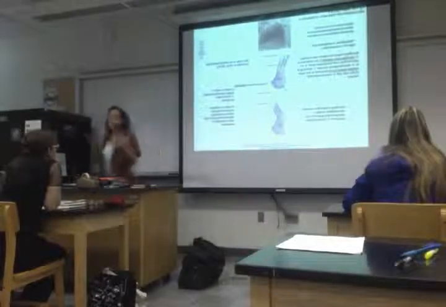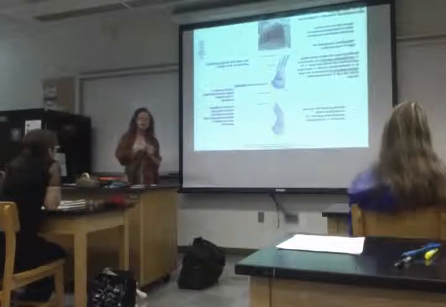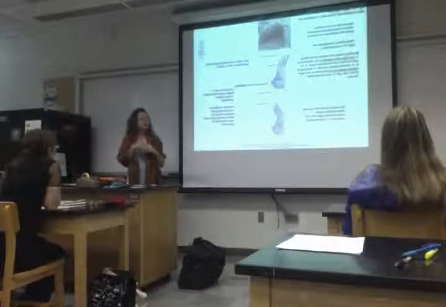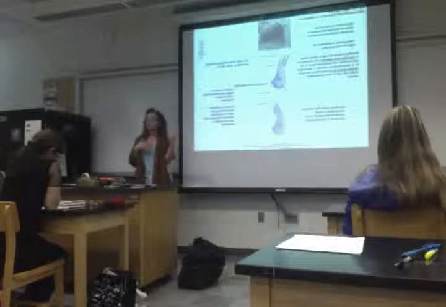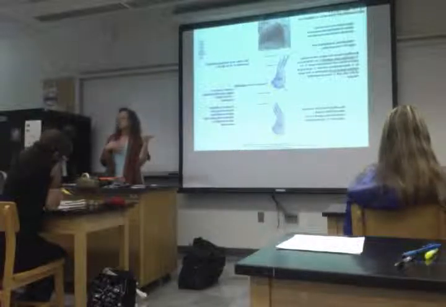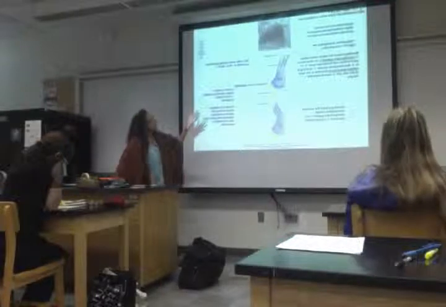We haven't used mechanically gated things yet. We've used ligand gated, we've used voltage gated, and we have not used our third choice, which was mechanically gated. Here's our first example of where we're going to use mechanically gated ion channels.